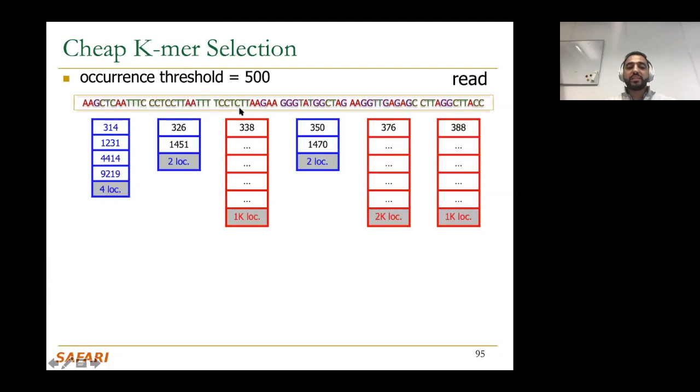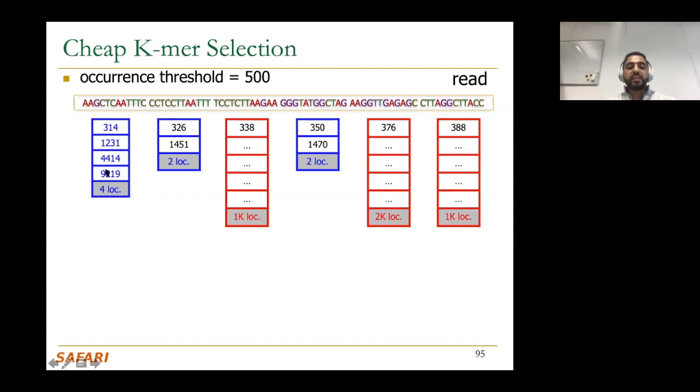For example, this seed, this seed, this seed, and the hash table keeps replying back with different location lists. So now you can see if our occurrence threshold is 500, then we need to ignore all those having 500 or more locations. It's up to you to specify this, but at least we want to find the computationally cheap k-mers.